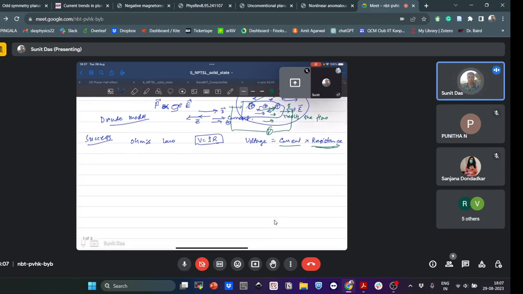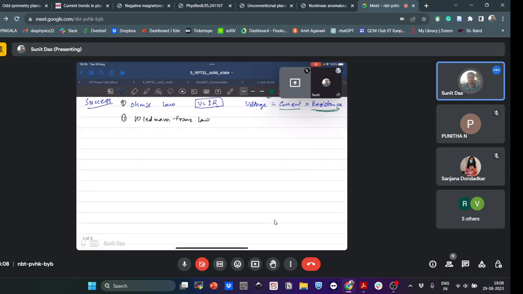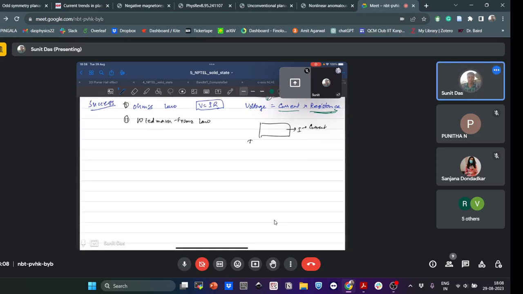Number two will be the Wiedemann-Franz law. This says that a metallic system conducts electricity whenever we apply current, or if we apply a temperature gradient. Let's say this is temperature high, temperature low, so this is the hot end and this is the cold end.